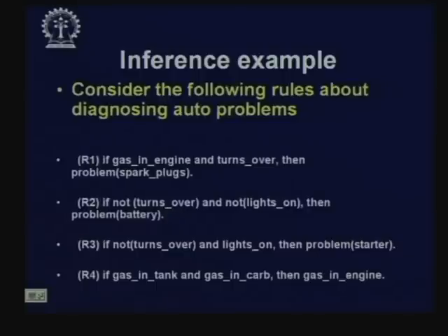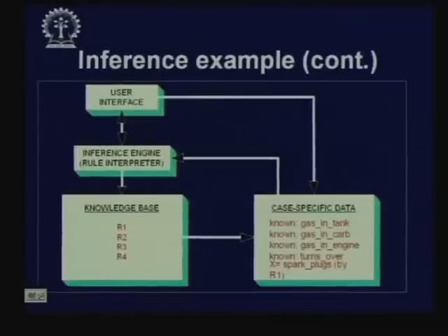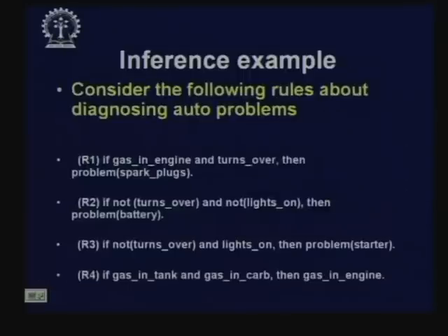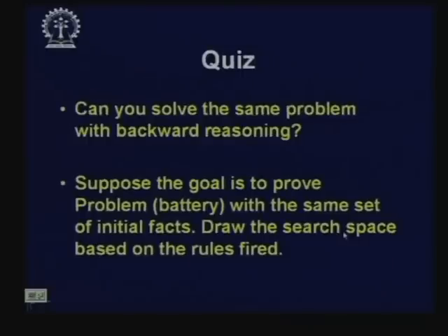Therefore, we fire R4 first, then R1, since we now know gas in engine and turns over. Using rule R1, we find that the problem is with spark plugs. So, we come up with the solution that X is spark plugs by R1. We fire two rules. That is a typical, very simplistic case of an expert system.